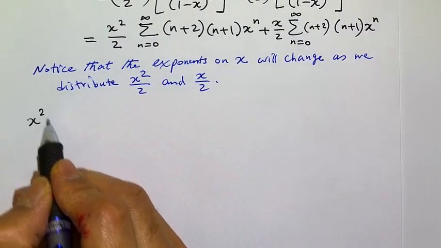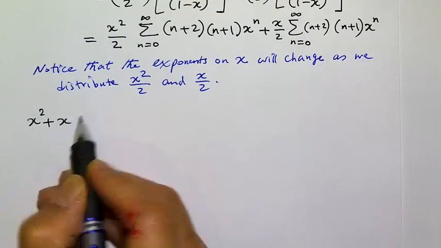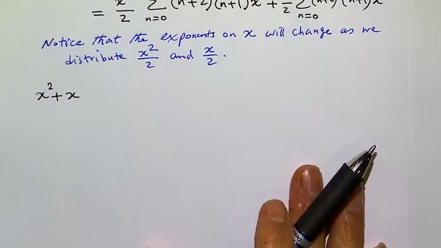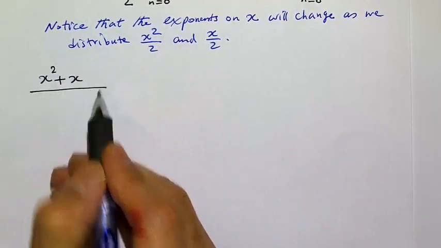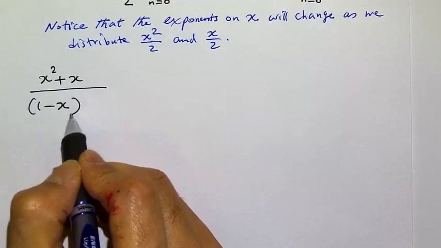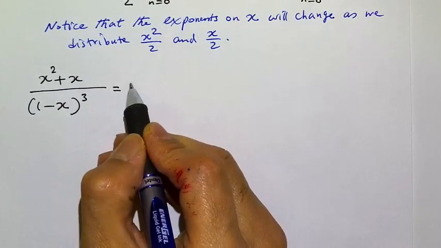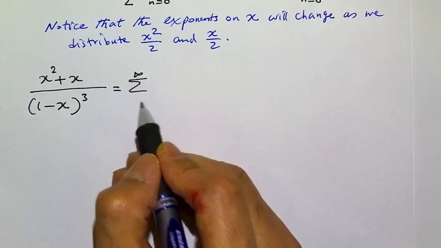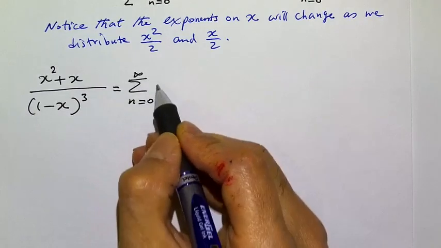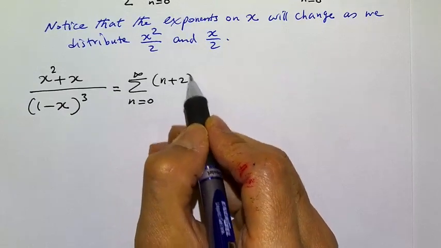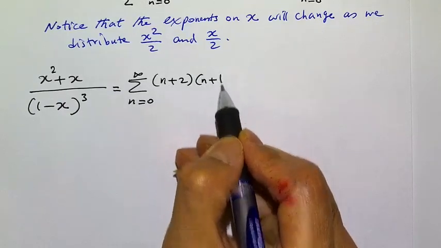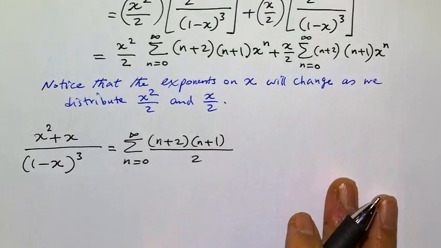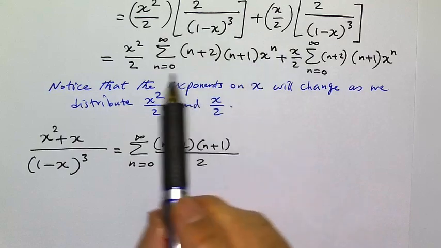We have x squared plus x on the left side. That I'm rewriting. And we have, let's see, over 2. Let me, so you can see what I'm doing.